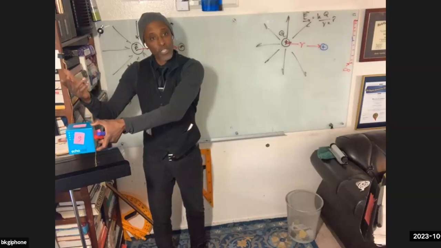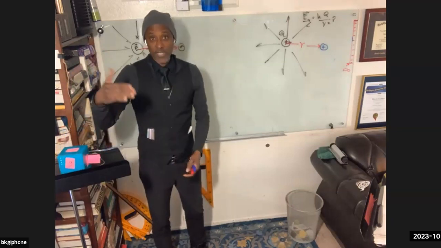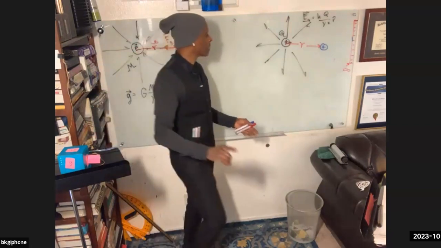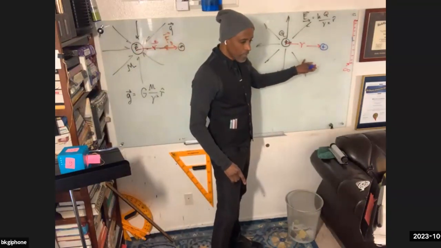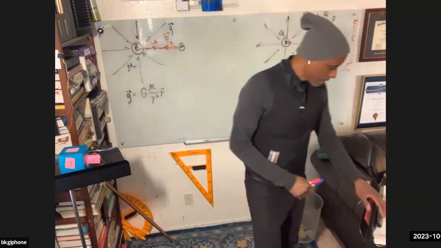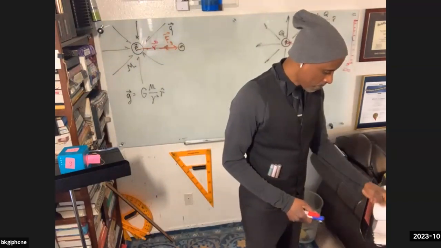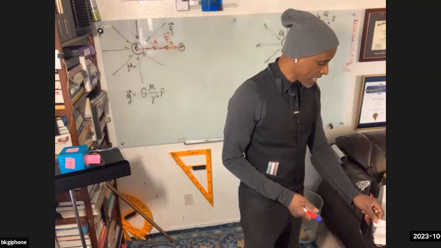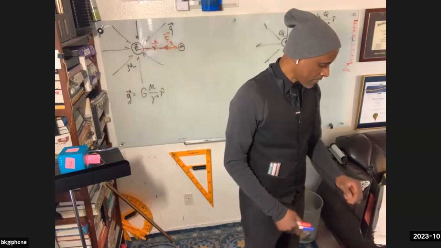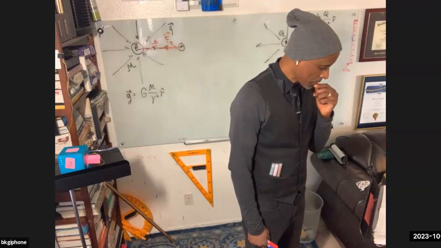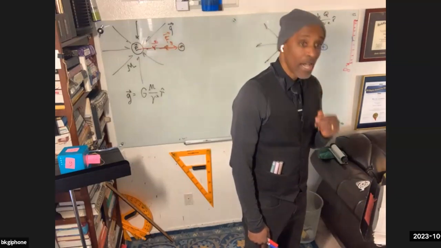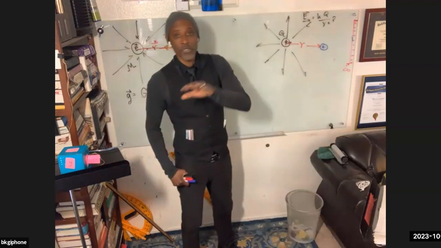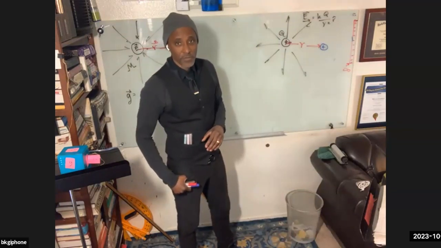Then I put that force in the work function, work equals F dot dx, and calculated the energy. And then I defined that work as the potential energy of that system.